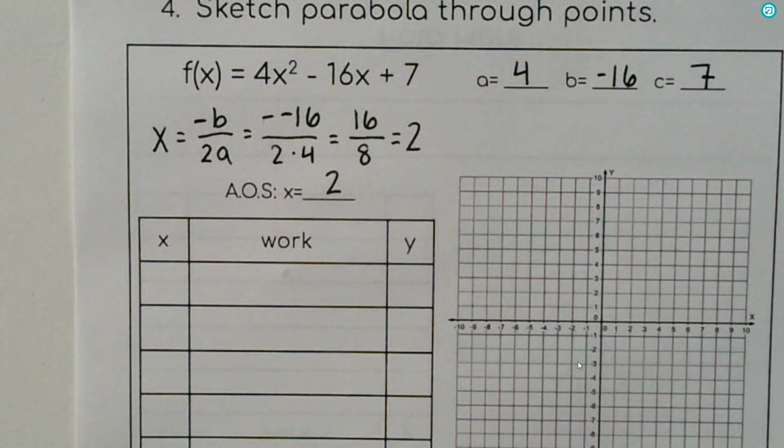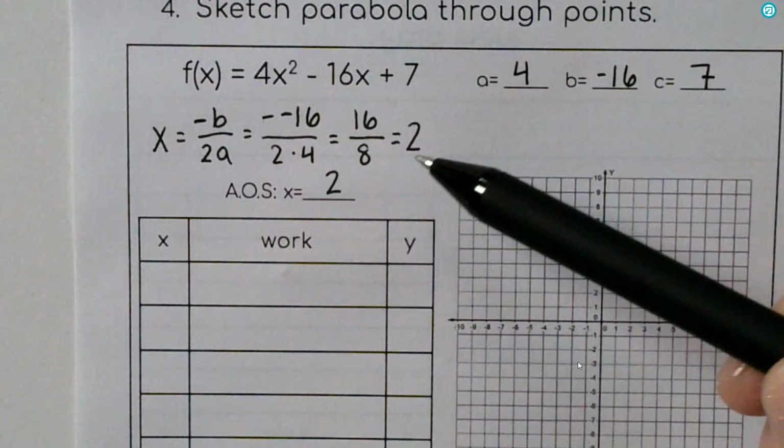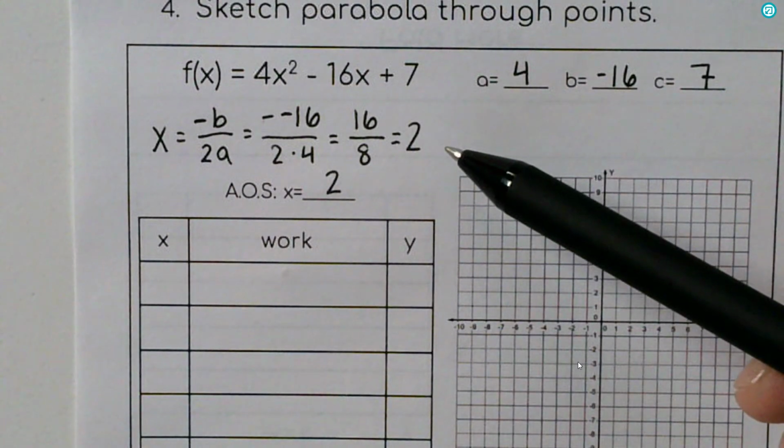We know how to find the rest of our vertex from there, and we'll do it in a second, but we're going to do it within this table. So hold your horses on that. I want to show you how we're going to fill out the table. We could graph that, or we could find the rest of our vertex and graph that.